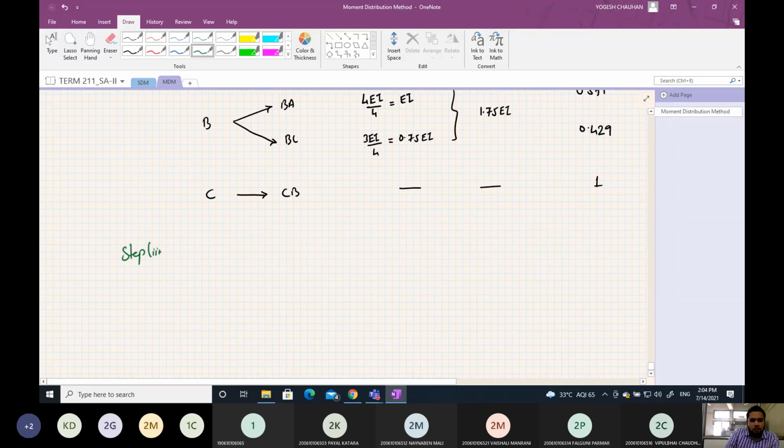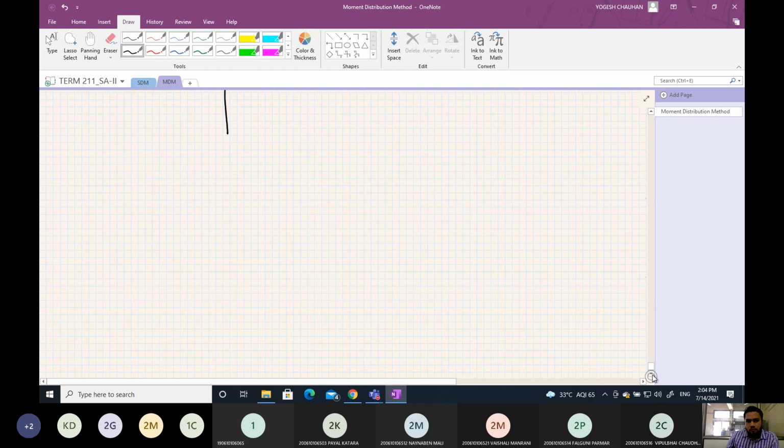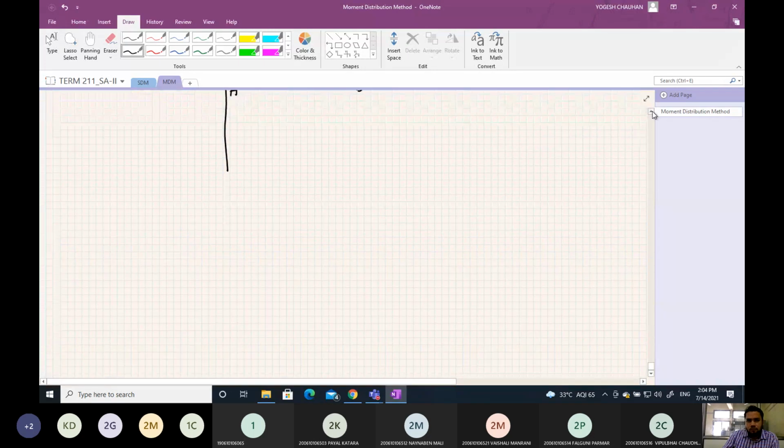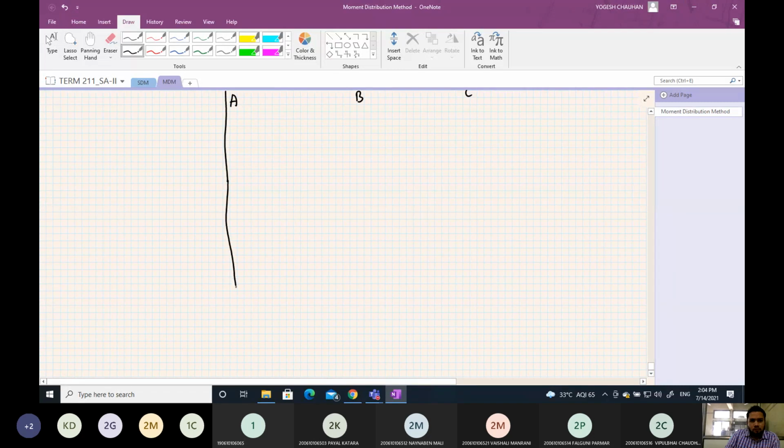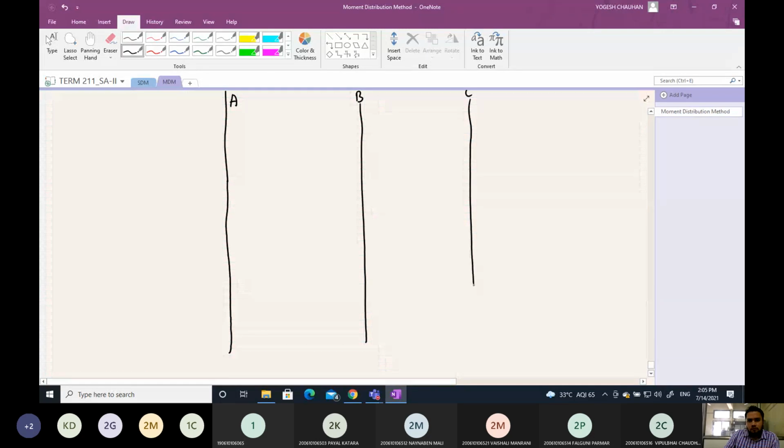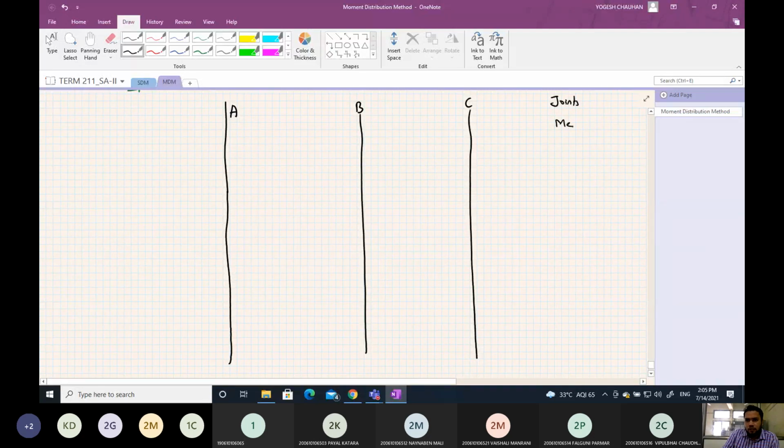So next step is moment distribution. We first mention the joints A, B and C. Here we write the joints, then we write the members connected to joints.